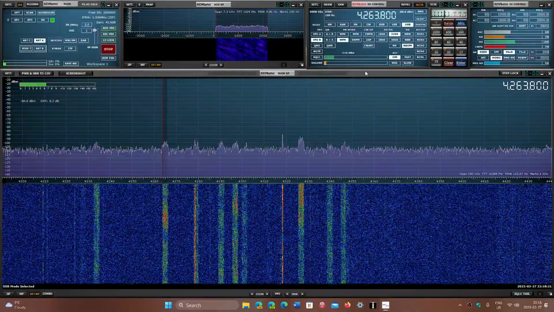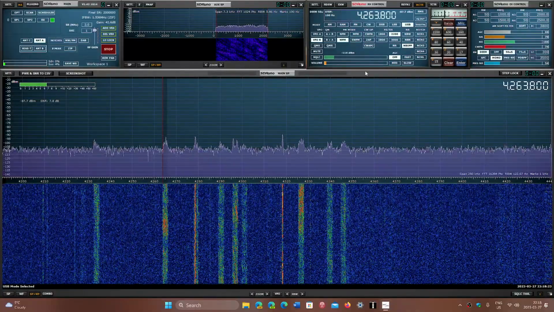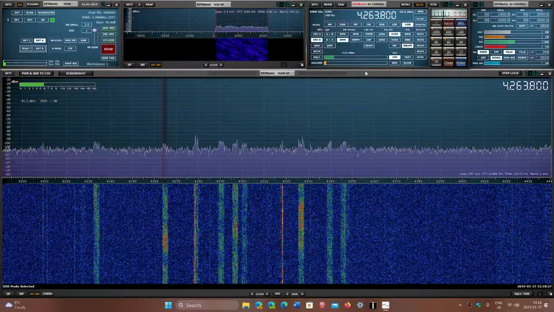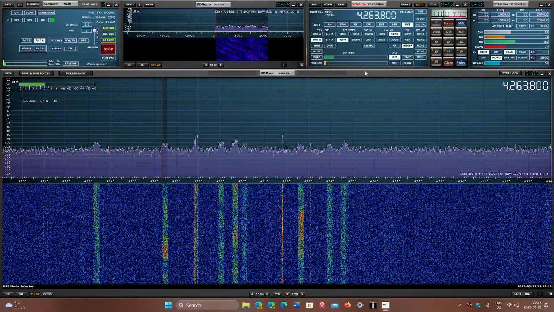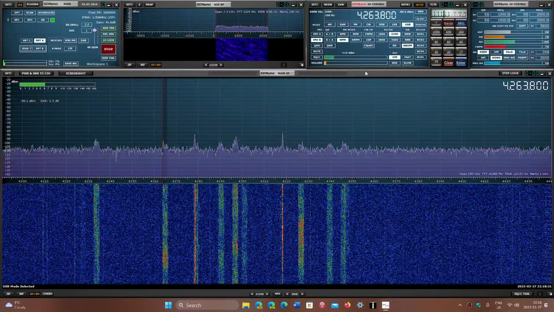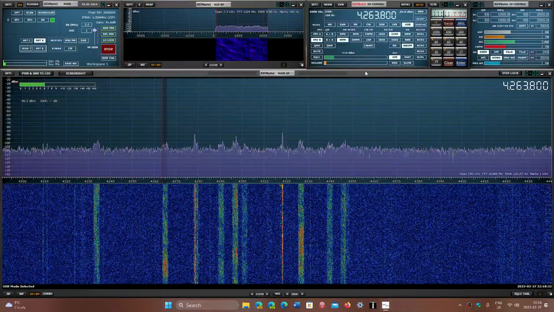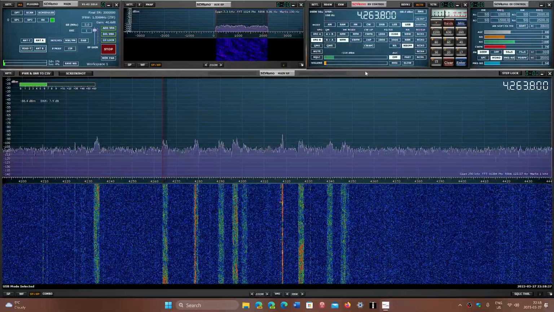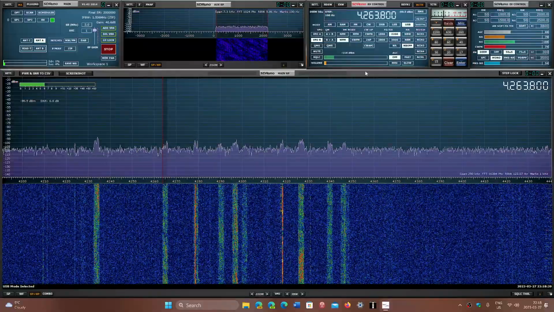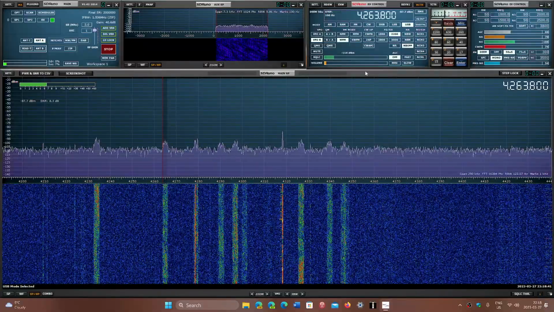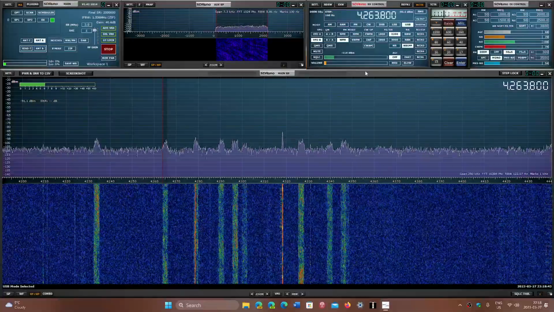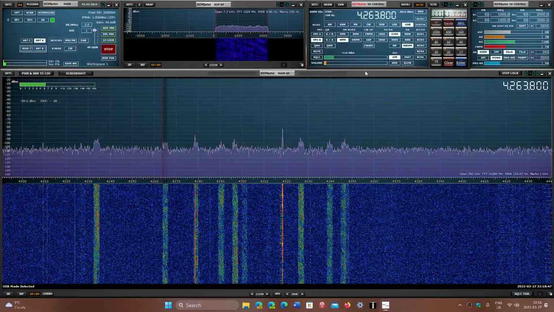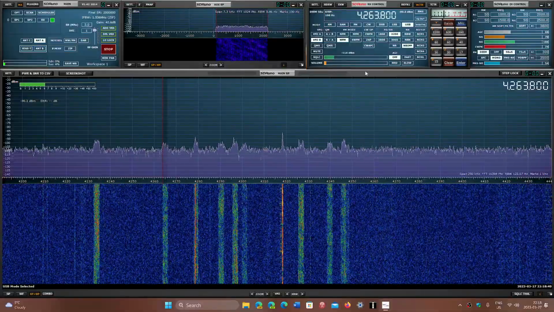So what is this? Well, this is a type of signal called STANAG, which actually means standardization agreement, for a type of communication that is shared between all the NATO members. There are many different versions of this STANAG signal.